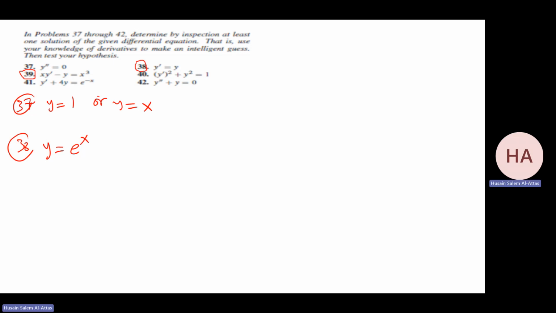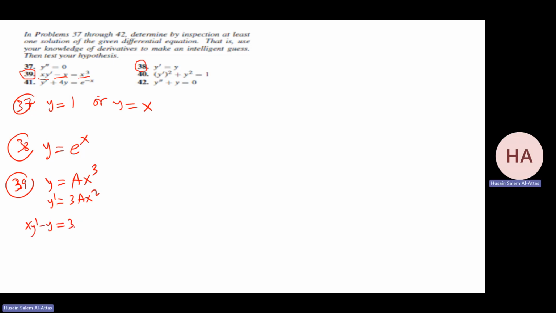Okay, this one, 39. I will start with a x cubed. And you notice what will be y prime? Will be 3a x squared. Multiply it by x, so I have x cubed, x cubed, x cubed times the constant. So I have x y prime minus y.